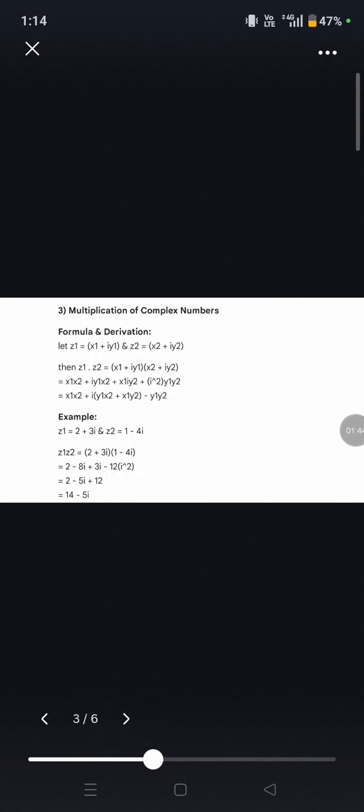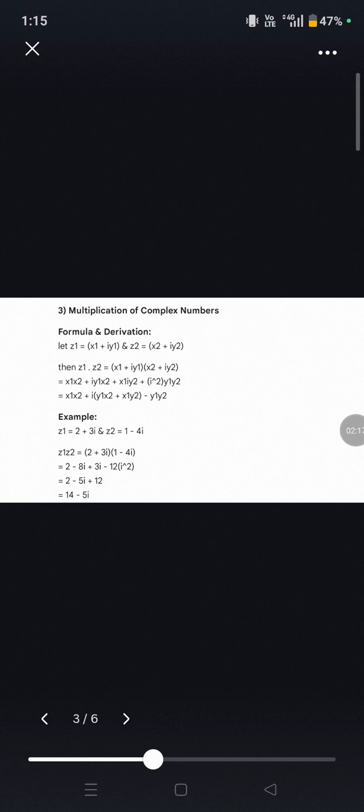Next up is multiplication of complex numbers. Let's look at the derivation first. Suppose z1 is equal to x1 plus iy1 and z2 is equal to x2 plus iy2. When we multiply them, we use the standard algebraic expansion method. z1 dot z2 is equal to (x1 plus iy1) multiplied by (x2 plus iy2), which is x1 x2 plus i y1 x2 plus x1 iy2 plus i square y1 y2.